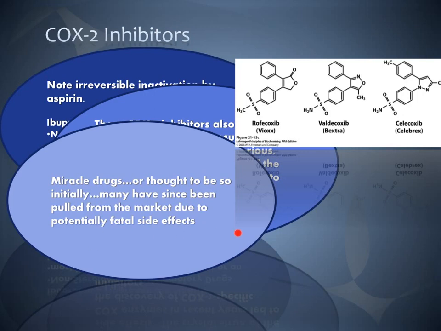Some of these actually had unintended side effects that were fatal, that caused heart attacks and some other issues that seem to be unrelated to what they thought. So it's one of the reasons why there's this fine balance you have to walk between trying to quickly get drugs approved and out into the market, and yet at the same time looking out for long-term side effects.